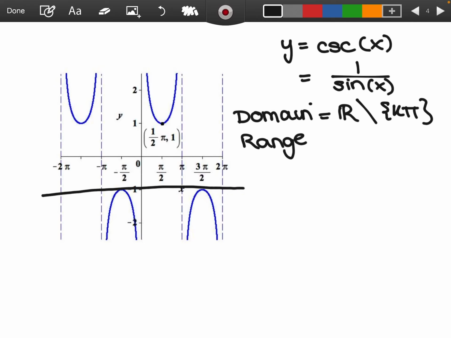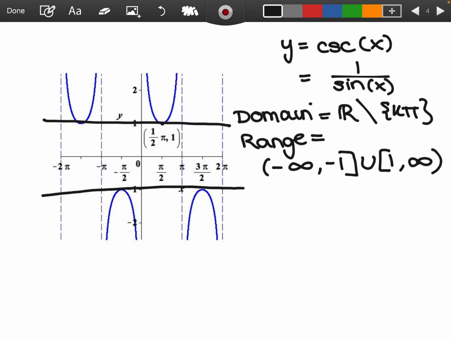For the range here, we actually have a very weird situation where we have -1 and below and +1 and above. So we actually have to write this in a very weird way as the union of two sets. We have between -∞ and -1, but we include -1, because there are values where we do get that cosecant of the angle is -1.